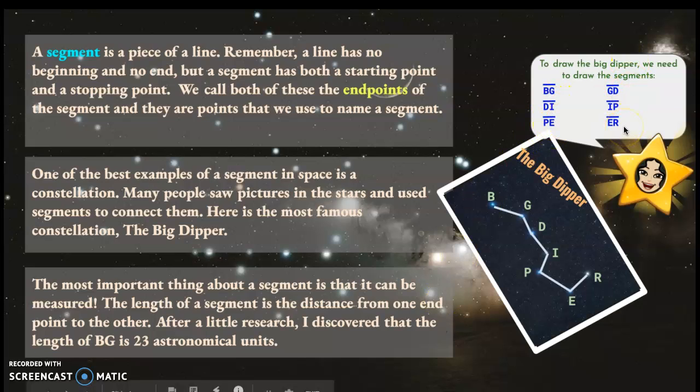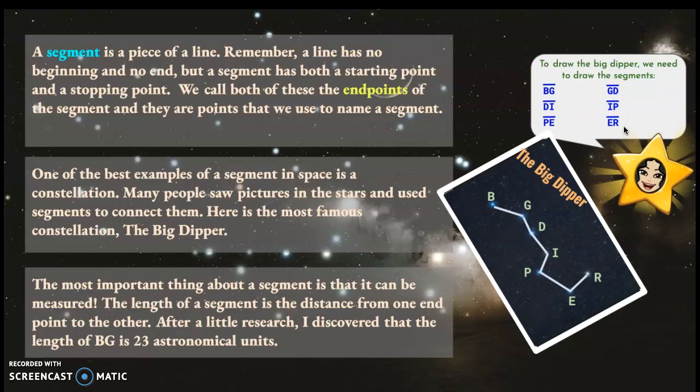Now, the really nifty thing about a segment is I can find the measurement of a segment. We call that the length. How far is it from this point to this point? Fun fact, when measuring the distance between stars, it's really hard to find out how far apart they are.